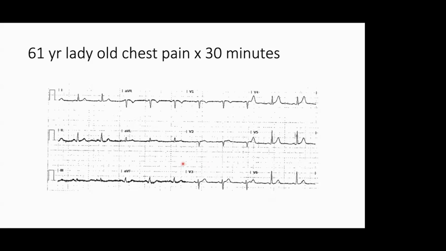Compared to that, the T wave height will go up. That is a hyperacute T, and you can see the base of the T become wider and wider. That's another finding, and there is subtle ST elevation.